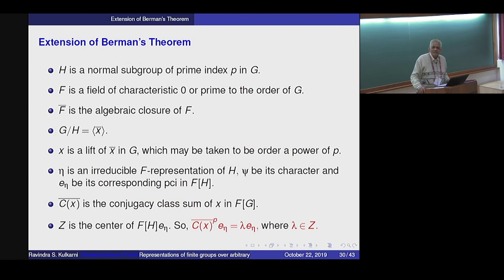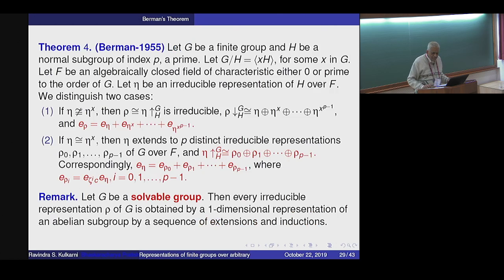Now we want to generalize this in case F is not algebraically closed. Now you can see the kind of difficulties that can arise: mu itself may not belong to F. That is one possibility.